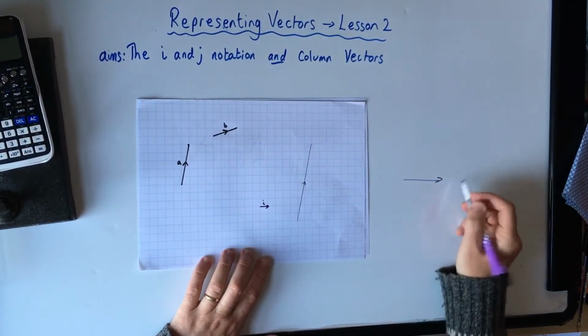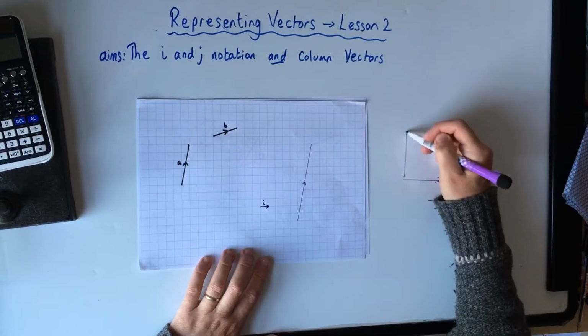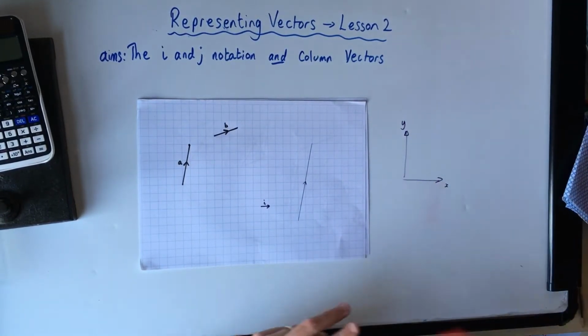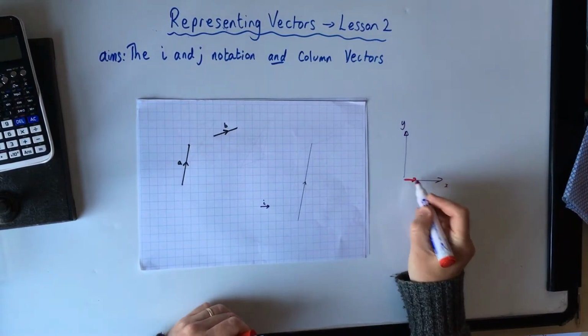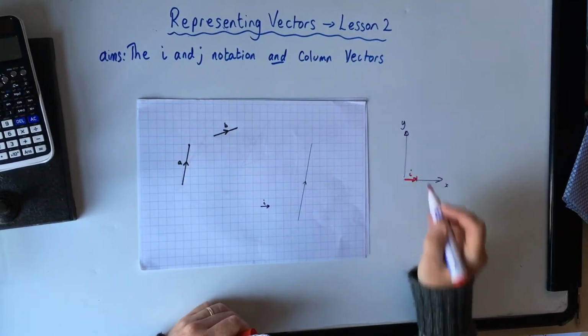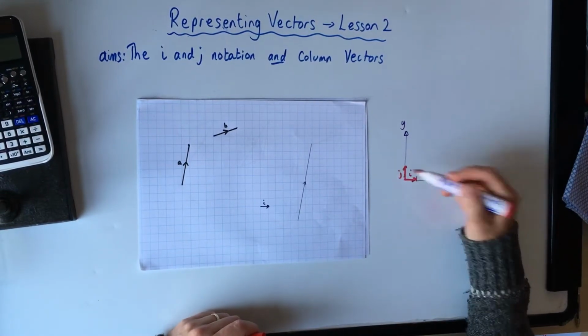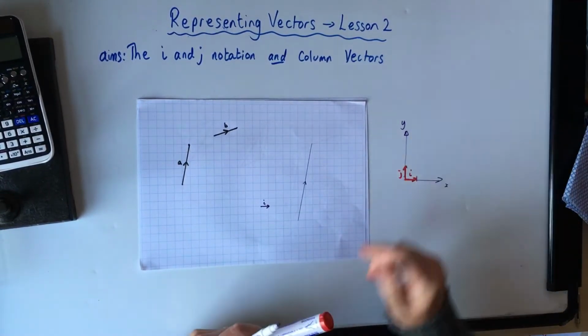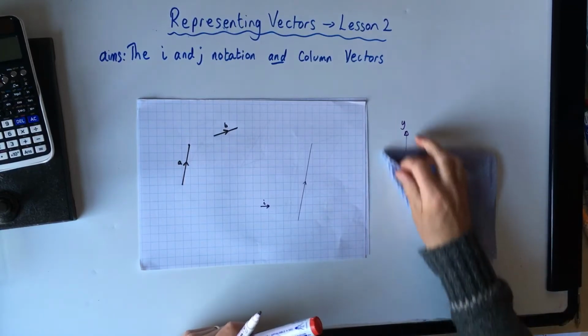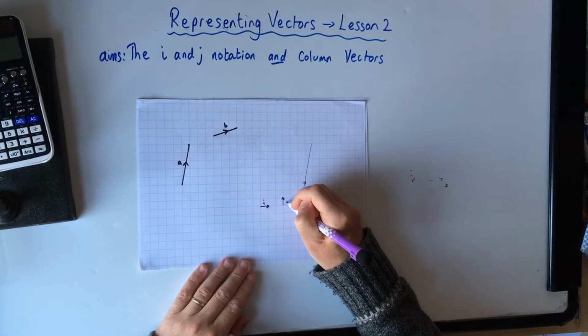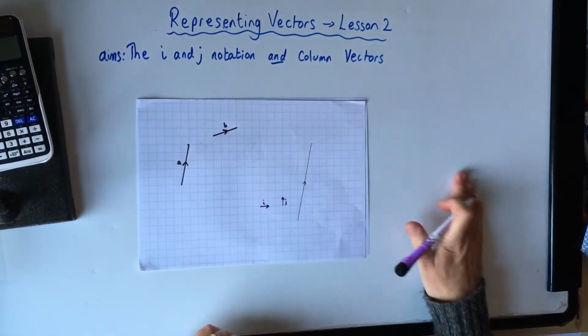So we have x and we have y, and that is what we call i, and j is 1 unit going up in the y direction. So that's your i and your j. j is quite simply 1 unit up.